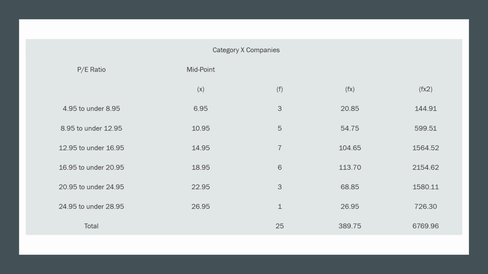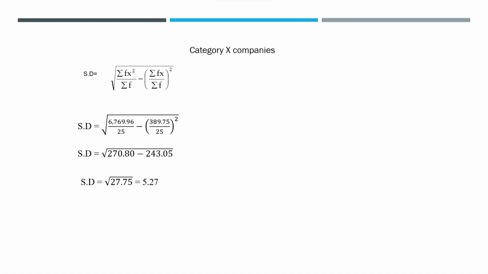Finally, we must calculate the total of columns f, fx, and fx square. This will give us the three corresponding values as 25, 389.75, and 6769.96. Now we apply the formula to calculate the standard deviation of the PE ratio of category X companies. The standard deviation formula is shown.